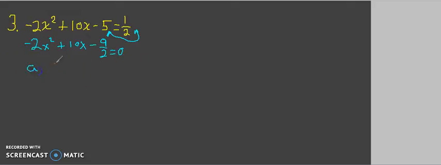This is A, this is B, and this is C. So B squared is 100, minus 4 times A, which is negative 2, times C, which is negative 9/2.